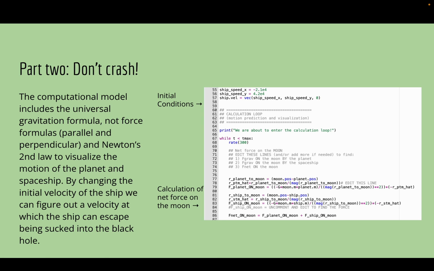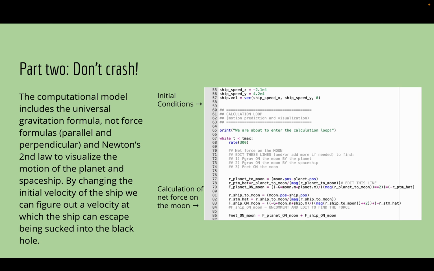We can see the initial conditions set for the spaceship, which I found to be negative 2.1 times 10 to the 4 meters per second in the x direction, and in the y direction 4.2 times 10 to the 4 meters per second. Below that is where we began our calculation loop.